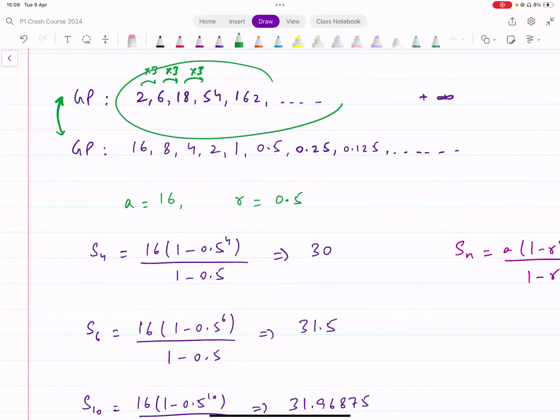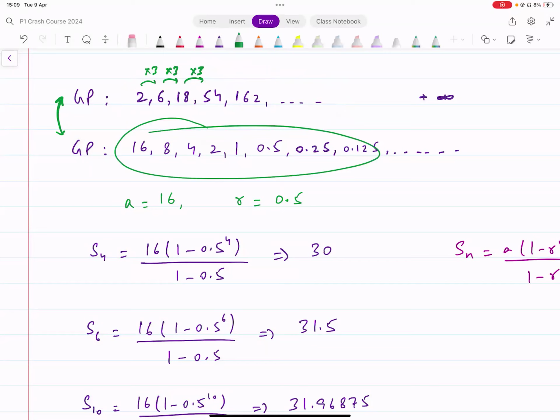For the first one, we said that the sum to infinity does not exist, right? Because the values are becoming larger. In the second case, the sum to infinity existed. Why? Because the values were becoming smaller.